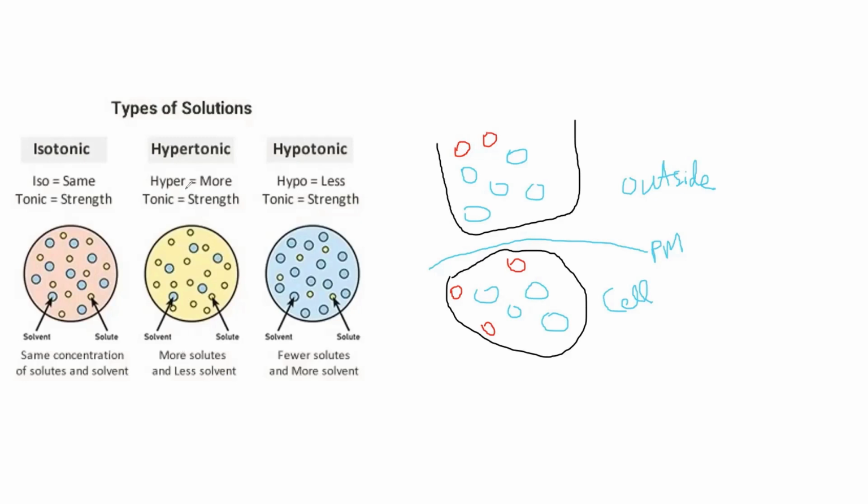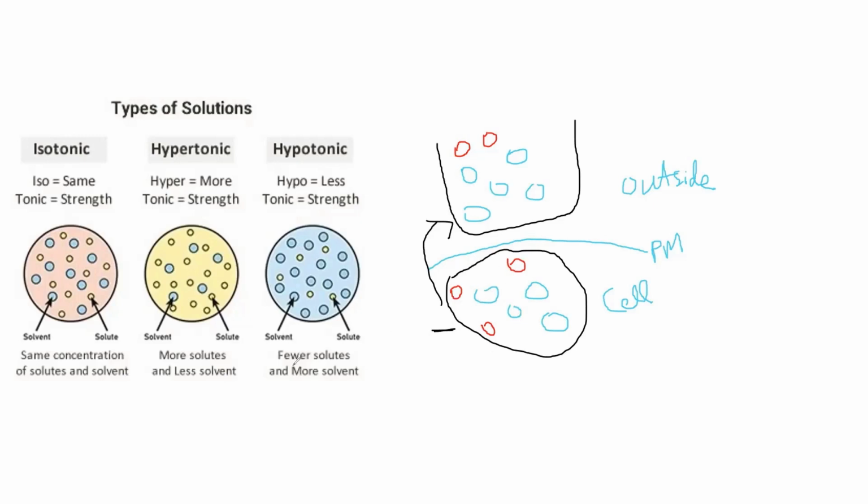And this solution inside the cell is going to be hypertonic, means it has more strength of solutes as compared to this one. This one is going to be hypertonic, okay, as compared to this one. Fine? So this is hypertonic, which means that the number of solutes is higher here.